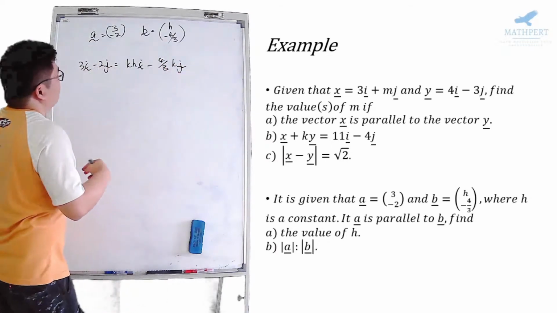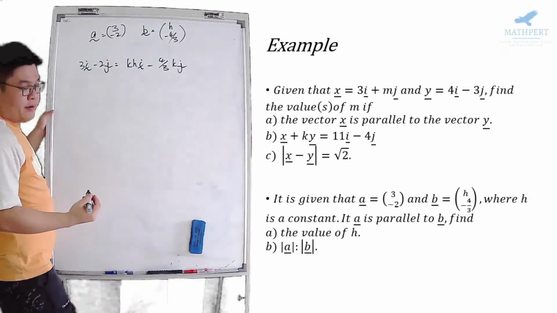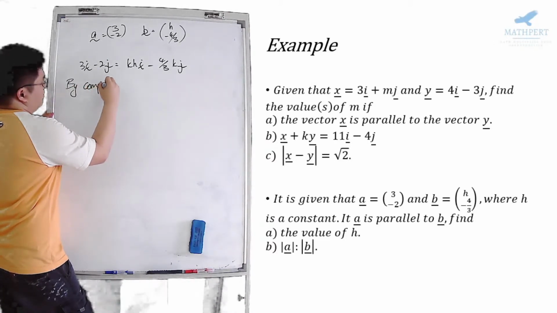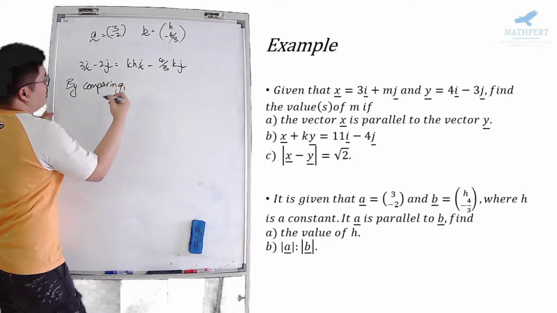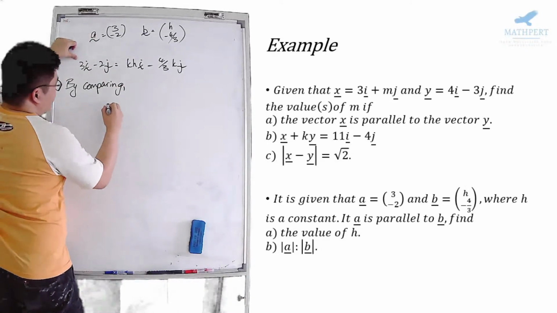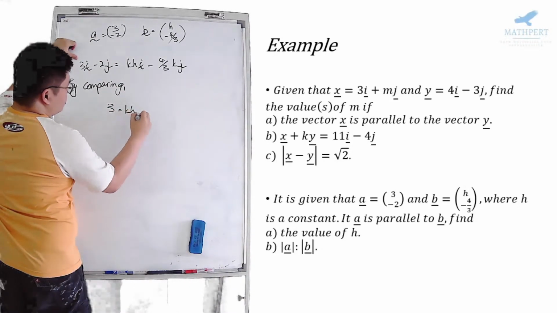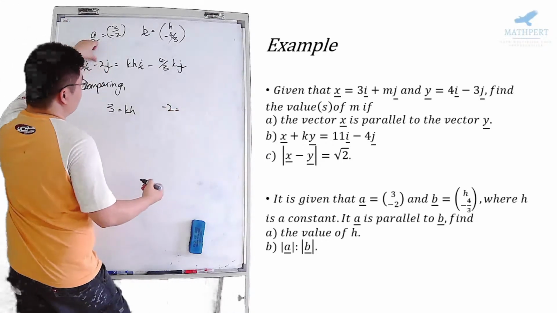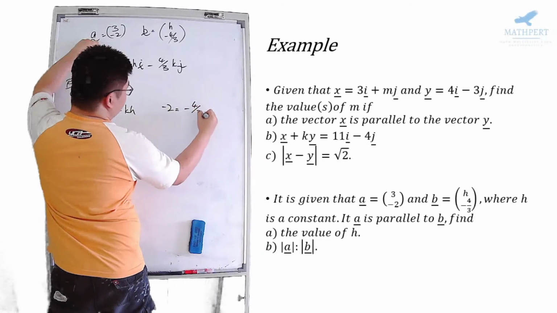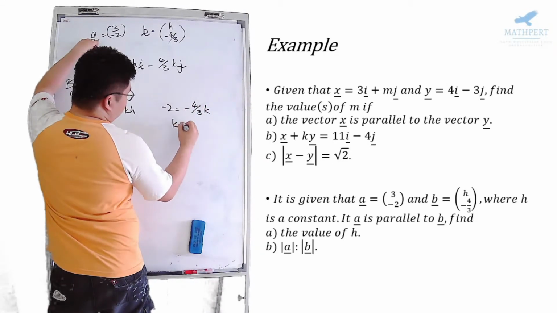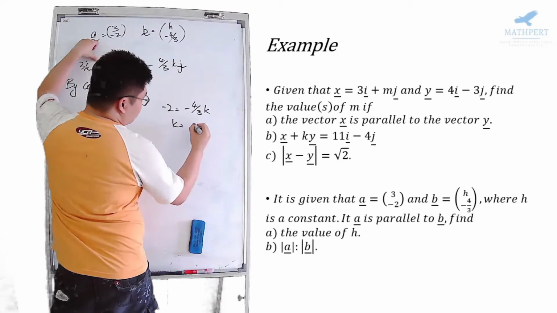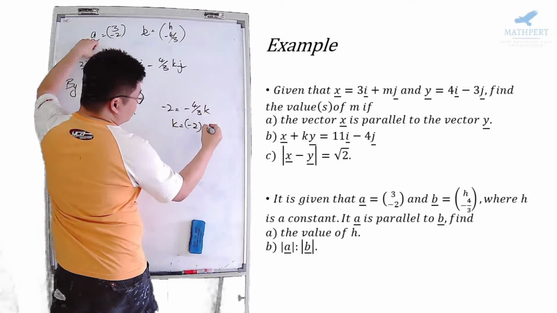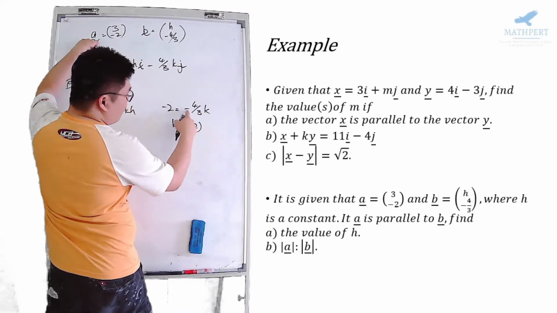kj. Alright, so by comparing i and i, 3 equals to kh, right? Then another one is negative 2 is equals to negative 4 over 3 k. So k is equals to negative 2, multiply become divide, so I'll divide by 4 over 3.